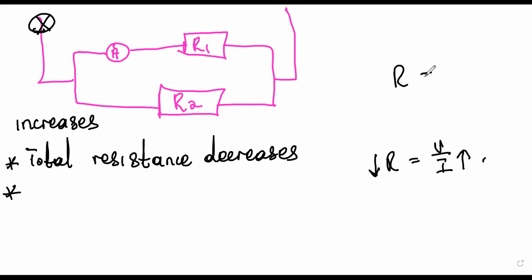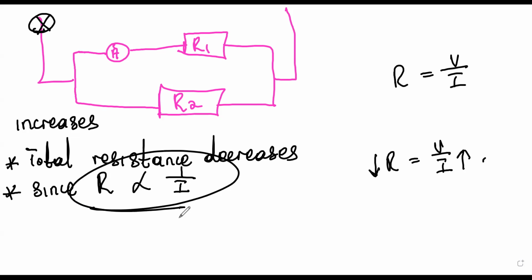You can either write it as a formula, or you can write it in terms of the proportionality constants, okay? So this is what you will say. You'll say, since the resistance is inversely proportional to the current, but every time when you state a proportionality, you must tell us what is kept constant, because you're comparing two things.